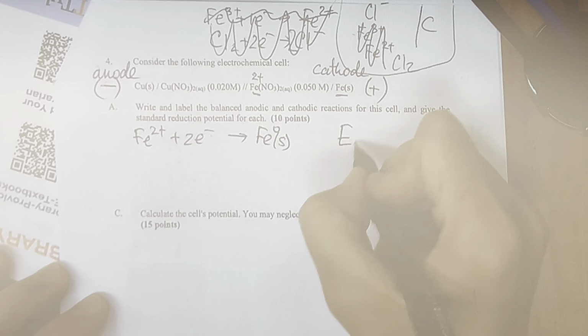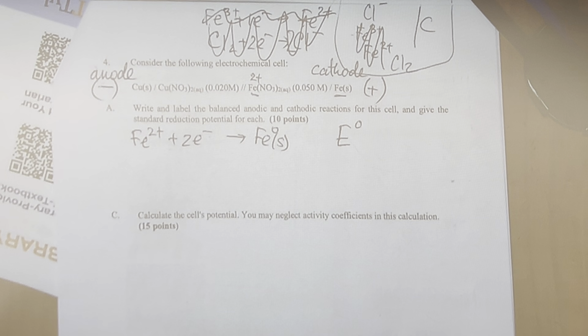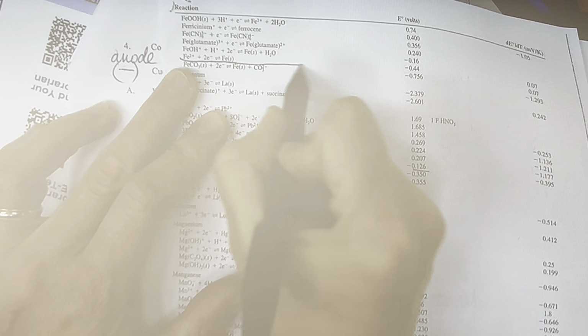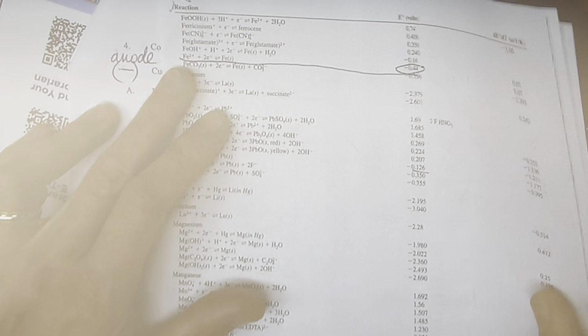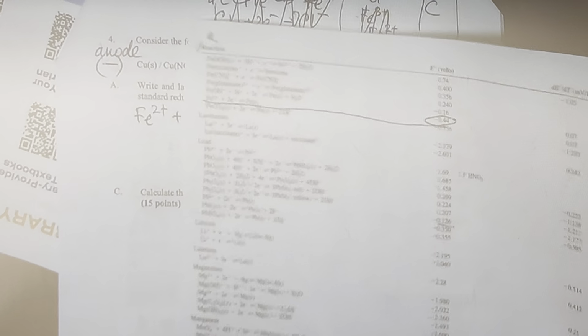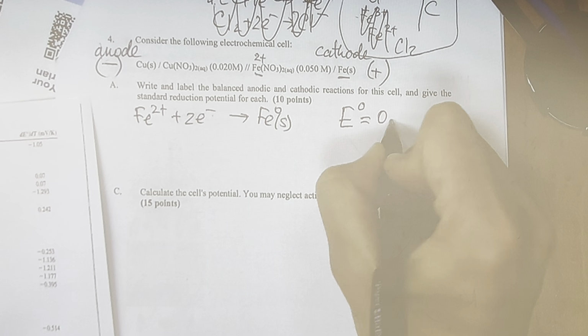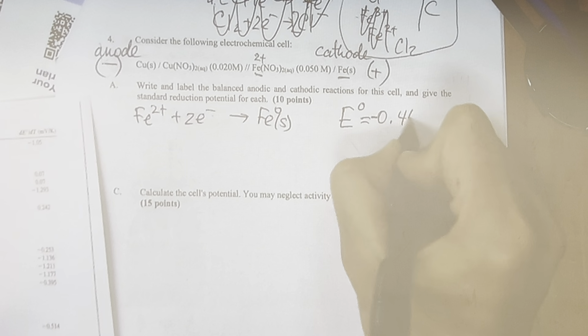So I need to look for the standard potential of iron 2+ to be reduced to iron metal. If you look at potentials, there is one case that says iron 2+ plus 2 electrons goes to iron solid. Please pick that one out of all other possibilities. It comes from your textbook. The standard potential is -0.44 volts.